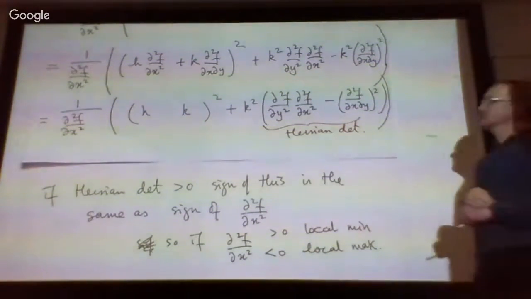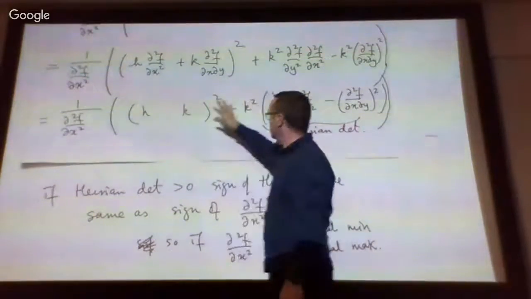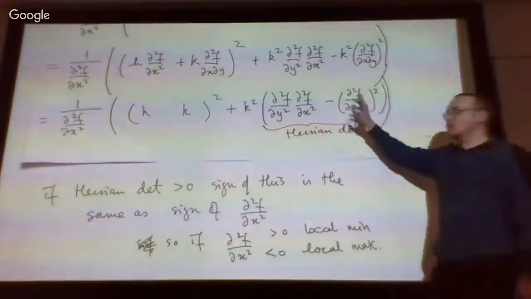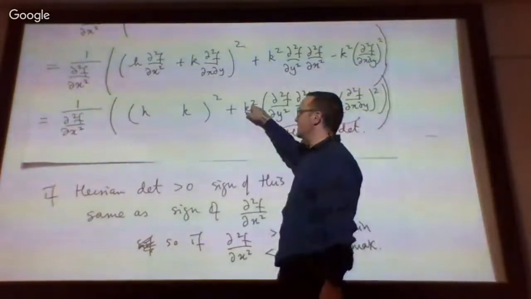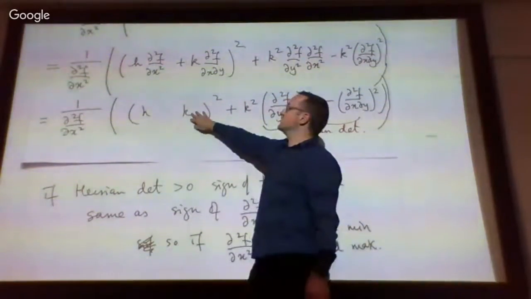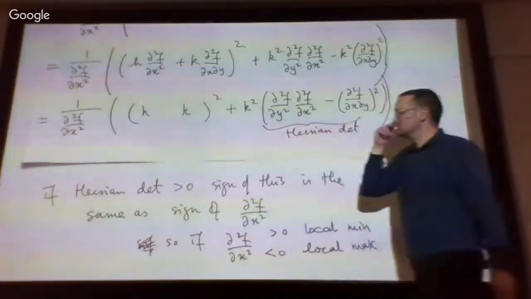Okay? So if the Hessian determinant is negative, I've got a positive thing here competing with a negative thing here. So it'll come down to the choice of h and k, how big k squared is compared with the size of the term inside here. Remember, this h and k are multiplied by those things there.